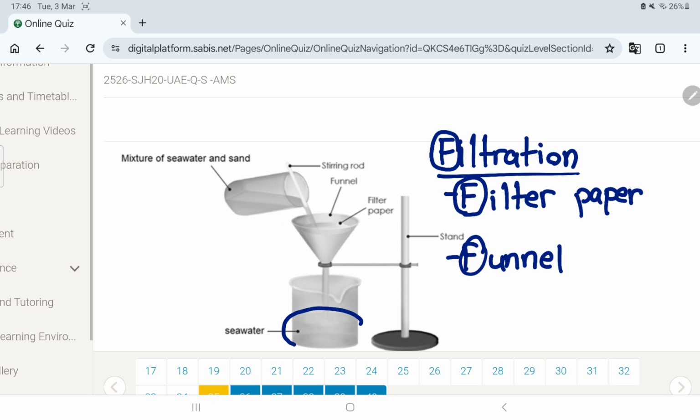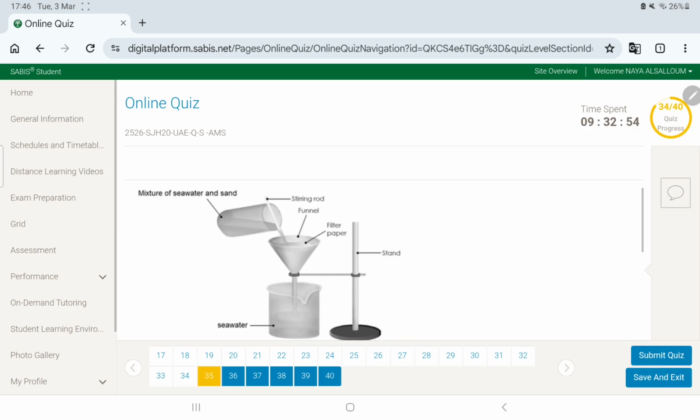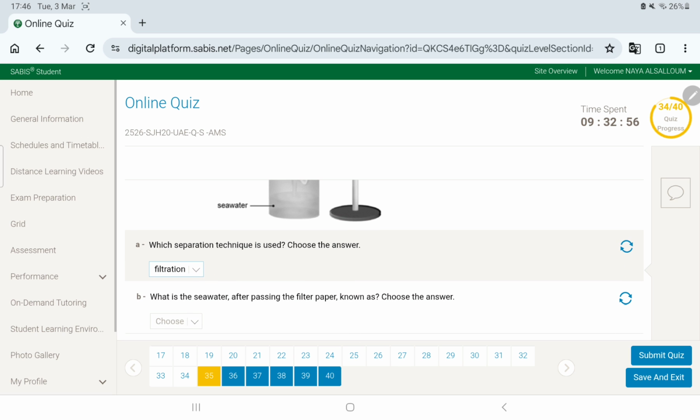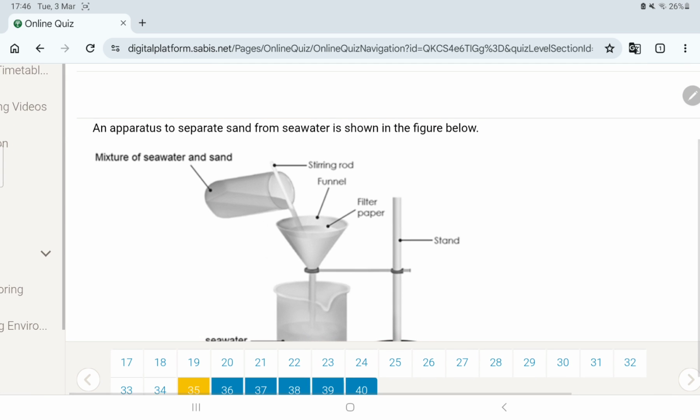Now guys, here, the seawater that passes, it's called the filtrate, by the way. We're gonna discuss it later on in the question. So also F for filtrate. Did you notice? They all start with the same letter. Filtration, filter paper, funnel, and filtrate. So what separation technique is used? Filtration. Once again, what is the seawater passing and what is the sand that remains?